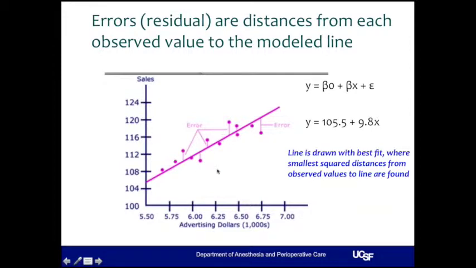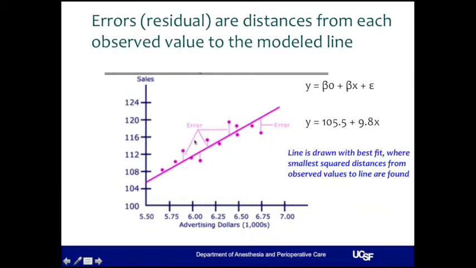When you make a model and you make a whole bunch of measurements, in this case we're talking about how much is spent on advertising in thousands of dollars and its impact on the amount of money made in the sale of the product being advertised. First we make all kinds of measurements.